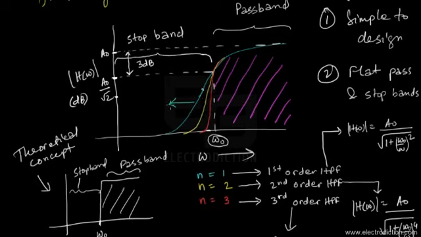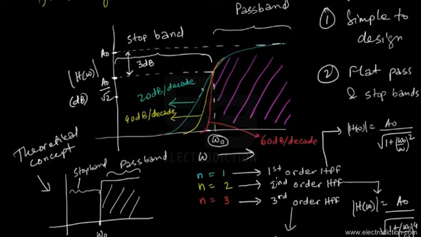For the second order filter, the rate of gain change is about 40 decibels per decade, which is double of what we saw for the first order. And finally for the third order high pass filter, the rate of gain change is about 60 decibels per decade. So the rate of gain change increases by 20 decibels for each of the orders.